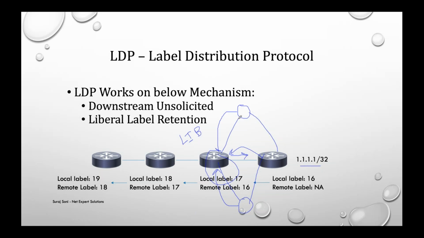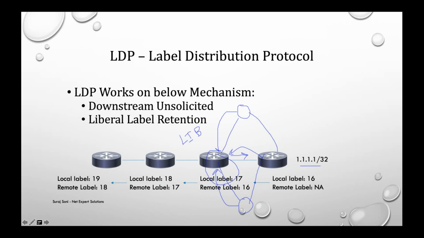Whichever path is the best, that label will be used in the LFIB table, and the packet will be forwarded based on that LFIB label. So that's why it's liberal label retention: hey, all send to me, I will store into my LIB.